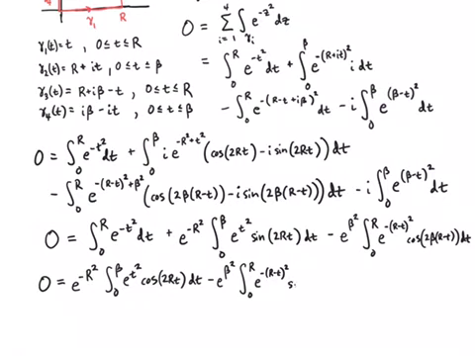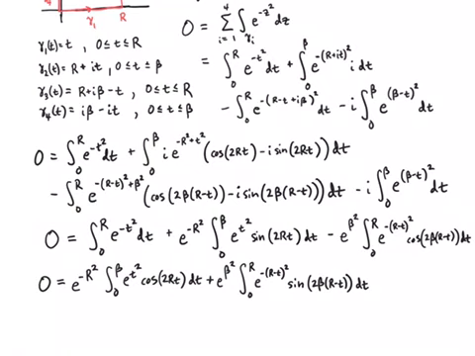times sine. Oh, actually it looks like we have double negatives, so this is going to be a plus sign here, because that sine has a minus in that integral. Sine of 2 beta times r minus t dt.